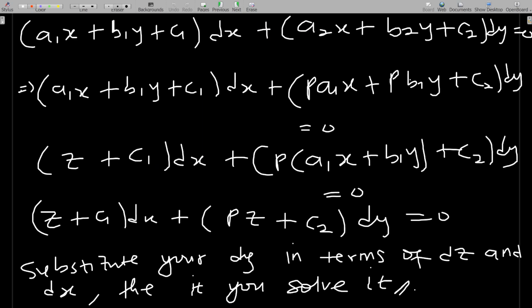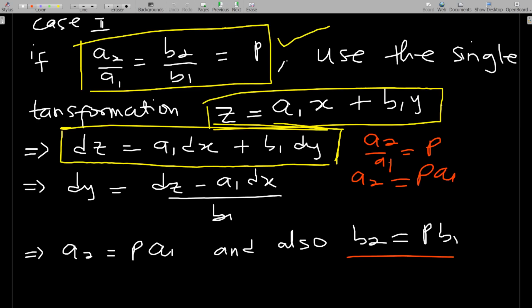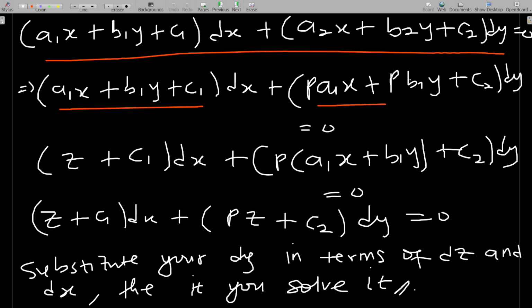Now I come back to the equation, that is, this is a linear differential equation, first order. Come back and put our things in. We don't touch this, but in case 2, a2 is equal to p a1, so a2 x is this p a1 x, then b2 is equal to p b1, then we put that here, p b1 y plus c2.